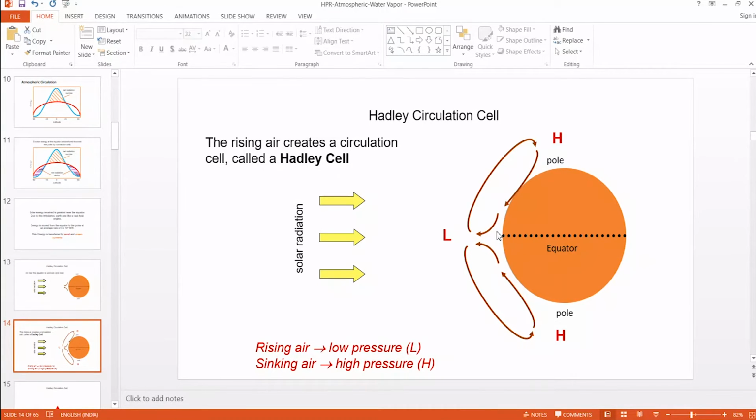Here the air moves to higher altitudes, it cools down, then it goes back toward the poles. Since the air is lifted up here, there is a low pressure region here. And here, since the air is coming back from the atmosphere to the earth, there is a high pressure region. This is represented by H. H is the high pressure region, and this is the low pressure region.